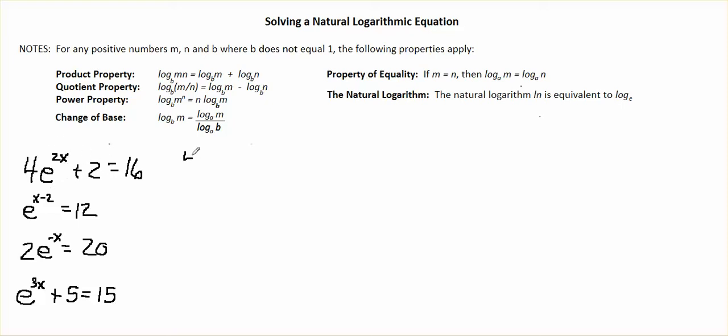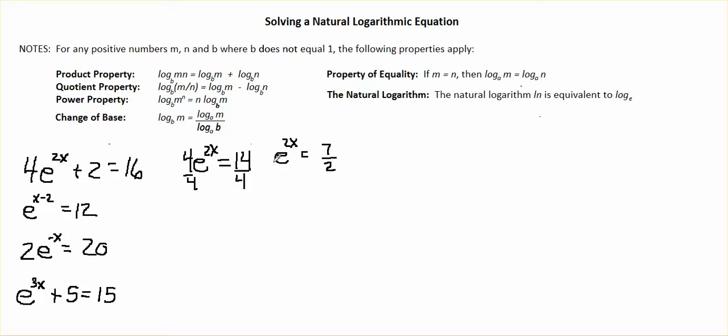And when we subtract our 2 from both sides, we get 4e to the 2x equals 14. Now we should divide both sides by 4. And when we do that, we get e to the 2x equals, we can simplify that fraction to 7/2.